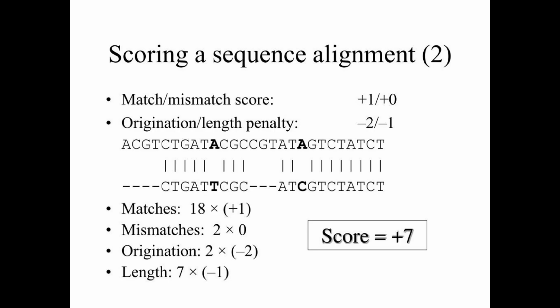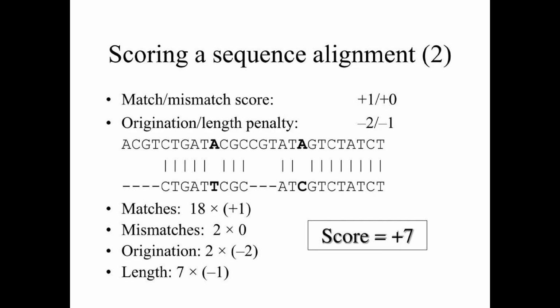So here we can see the comparison: match score is +1, mismatch score is 0, origination and length penalty. Origination is -2 if a gap is present, and gap penalty is -1.